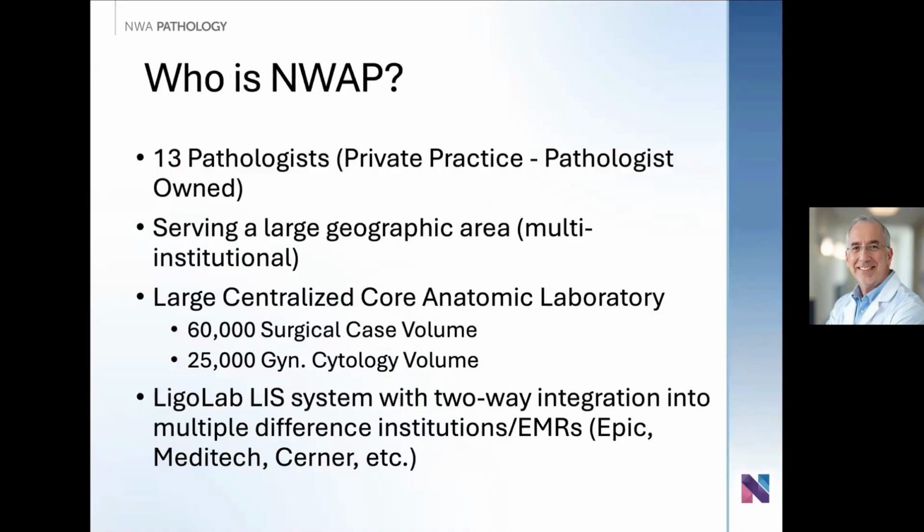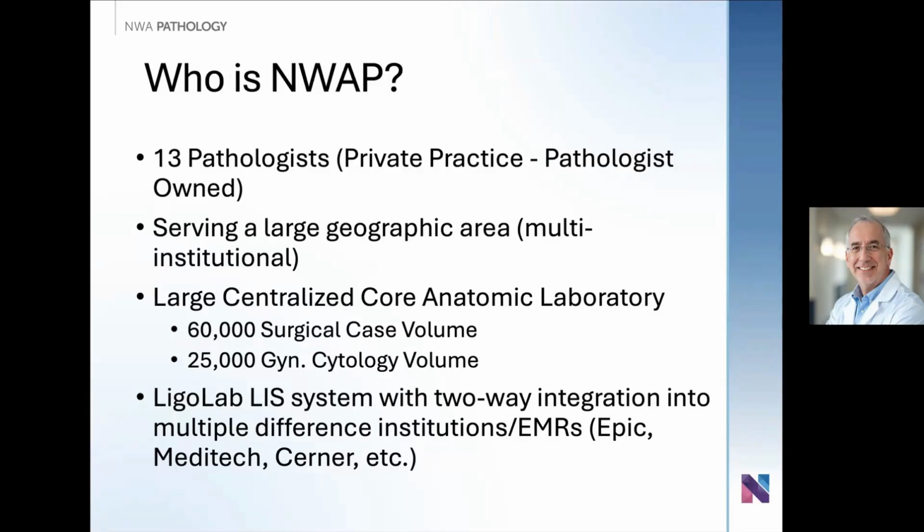To begin, it is helpful to understand who we are as an organization so you can relate today's discussion to your own setting, where our experiences align and where key differences might affect your decision-making process. We're a 13 pathologist organization, a private practice, and a pathologist-owned group.